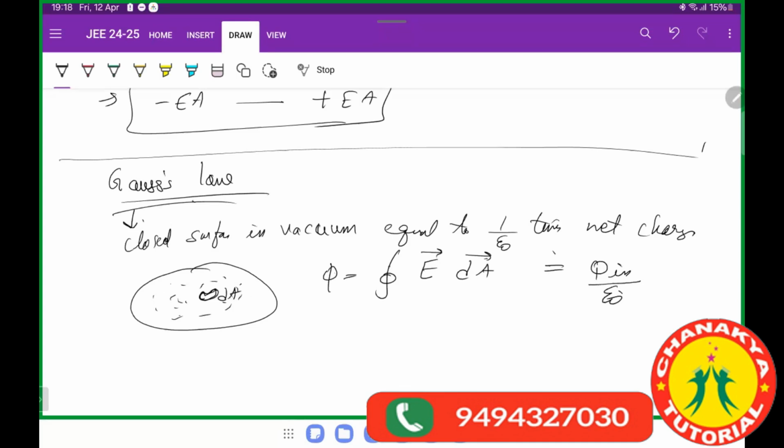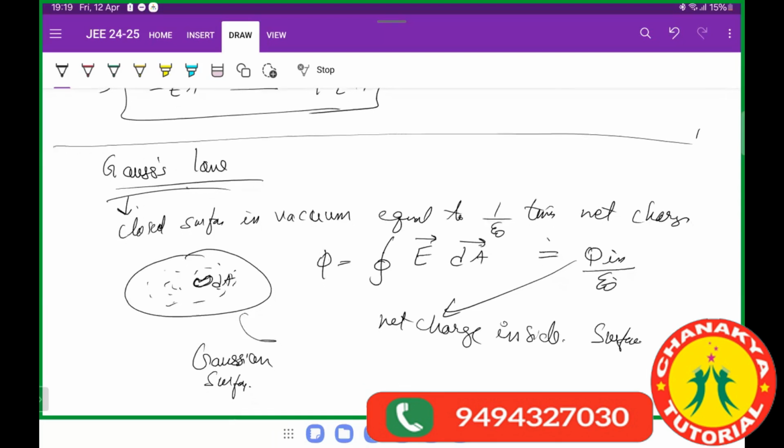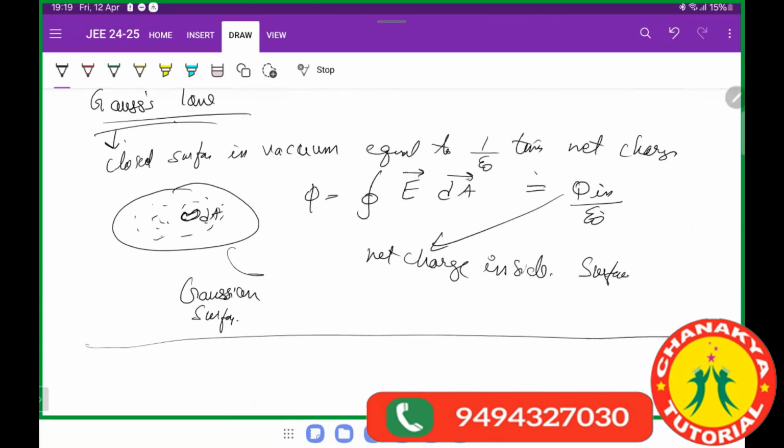Q in means the total charge inside the surface. This closed, enclosed surface is called the Gaussian surface.